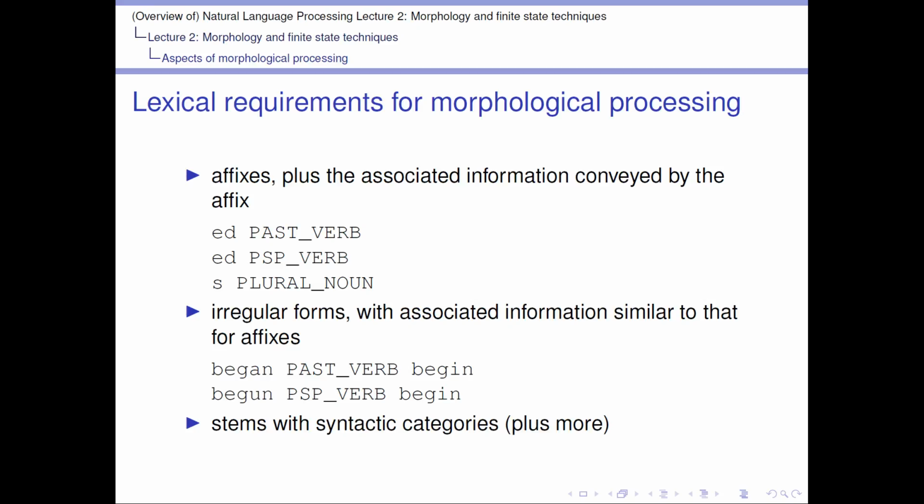Right, so what exactly is it that we need to do our morphological processing? We're going to need to have around things like affixes and their meaning. So if I want to change something into a past tense verb, I'm going to have to look up the inflectional morpheme for past tense verbs. I look it up and find it's an ED. I'm also going to have to list all of the regular forms.